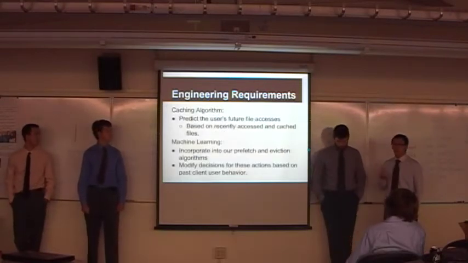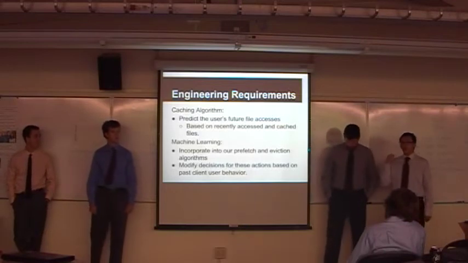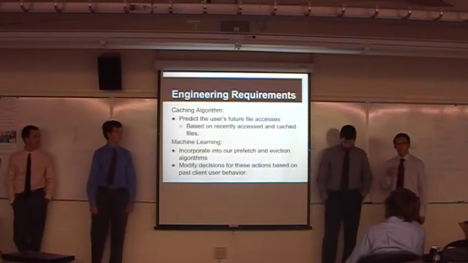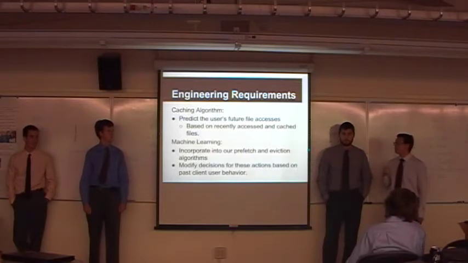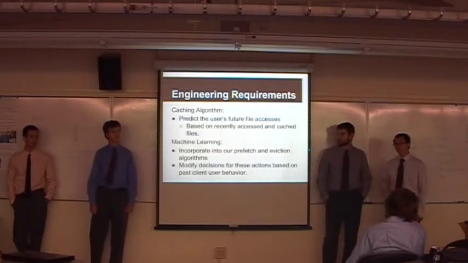And for the caching algorithm itself, we want an algorithm that can predict fairly accurately what our user will want to access, based on recently accessed data and what is already cached.